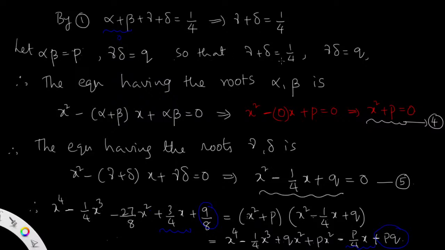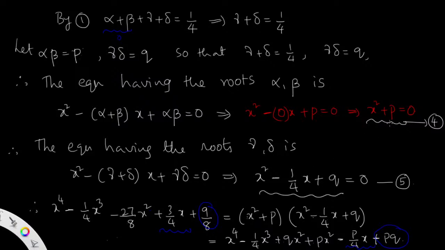The equation having roots alpha, beta is x square plus p equal to 0, and the equation having roots gamma and delta is x square minus gamma plus delta into x plus gamma delta equal to 0.